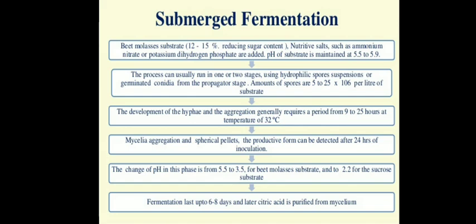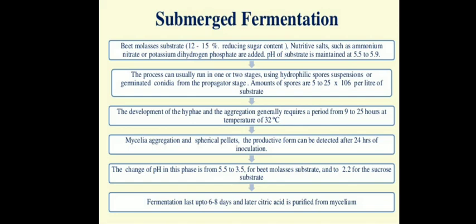After this, the actual fermentation process is now going on. As the citric acid production starts inside the medium, the pH of the medium starts decreasing. If beet molasses is used as a substrate, then the pH change takes place from 5.5 to 3.5.